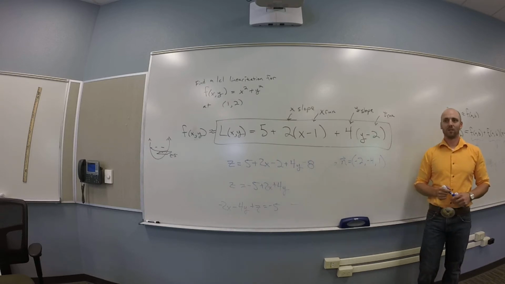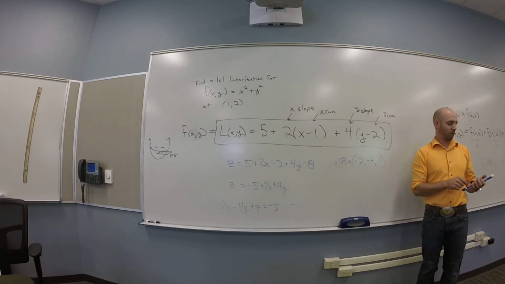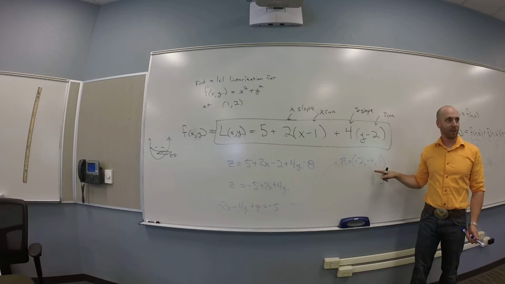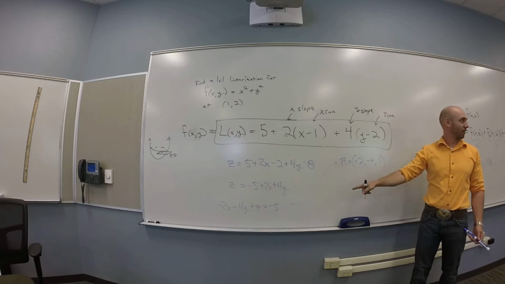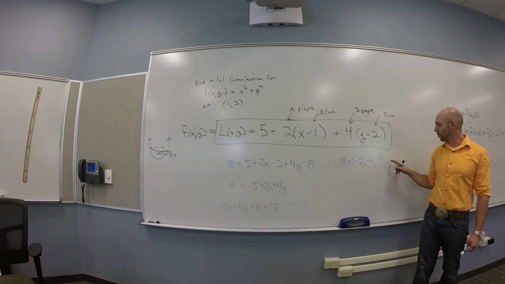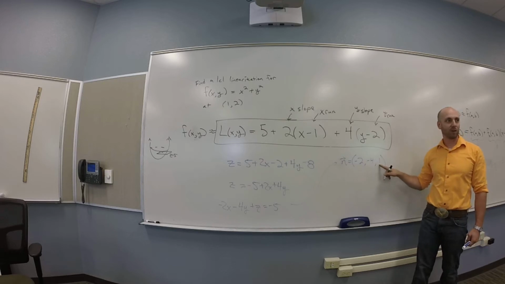Okay. If someone gave you a tangent plane, you could pull the normal vector off of it, right? Even if it wasn't written this way. You could read the normal vector off. And then you could make the normal vector, by multiplying by a scalar, have a z coefficient of 1. You guys all see that?